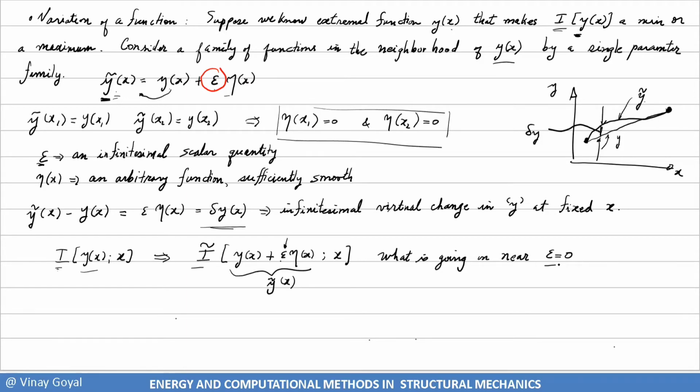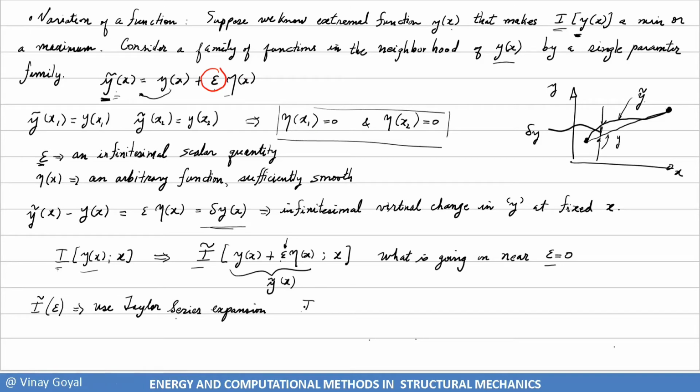Now that I tilde is a function of epsilon, I can examine what is going on near epsilon equals 0, and I can use the idea of Taylor series expansion to study that. I know how to do that.